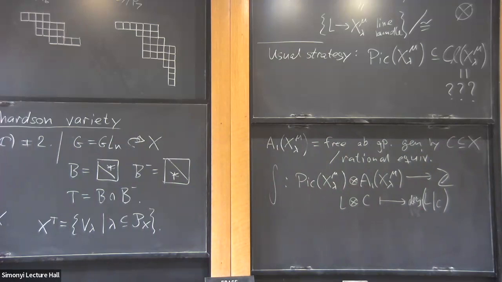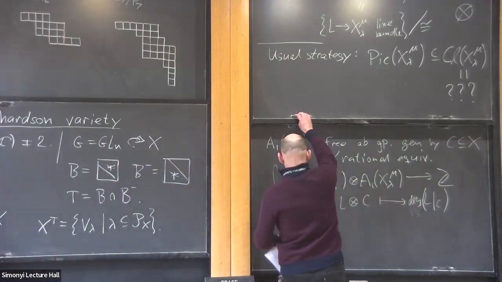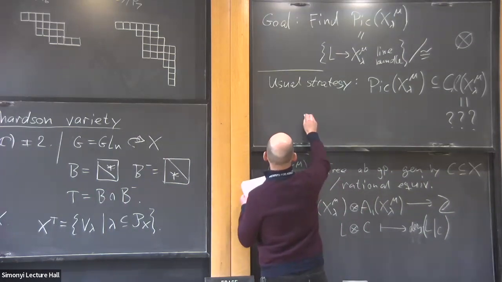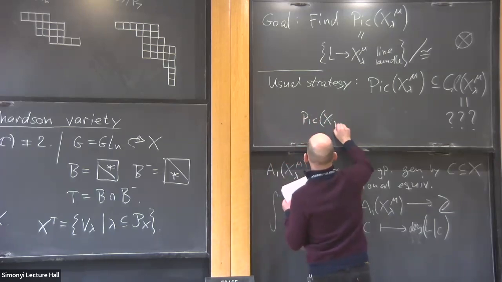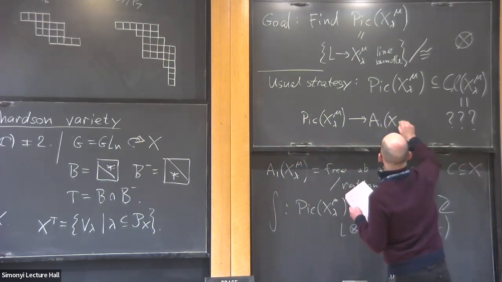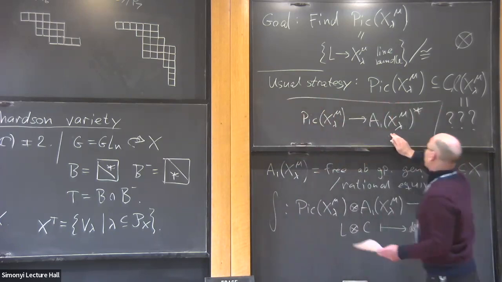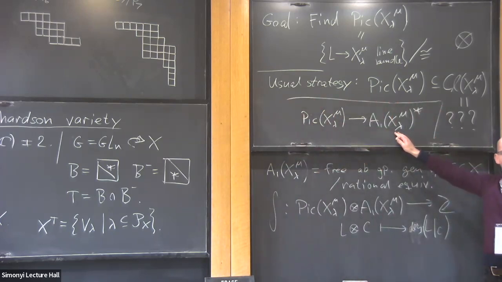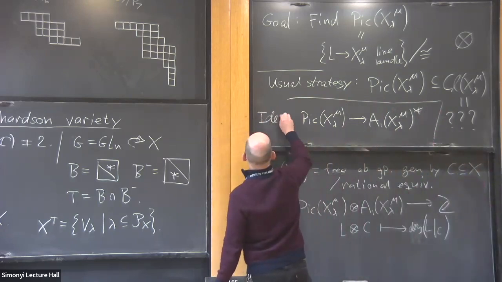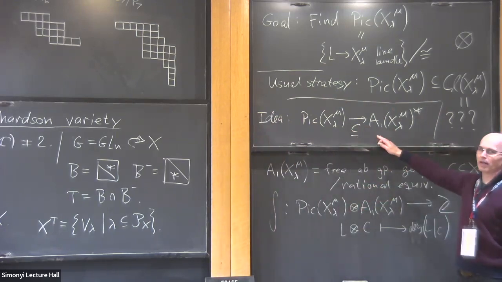So, since you have such a pairing, you always have a map from the Picard group of a variety into the dual of the first Chow group. By the dual, I just mean the group of homomorphisms to the integers. And the idea is that this might also be injective.